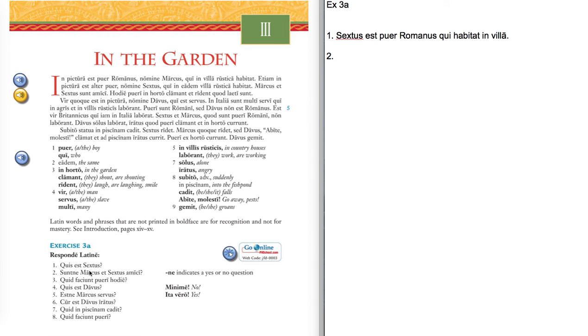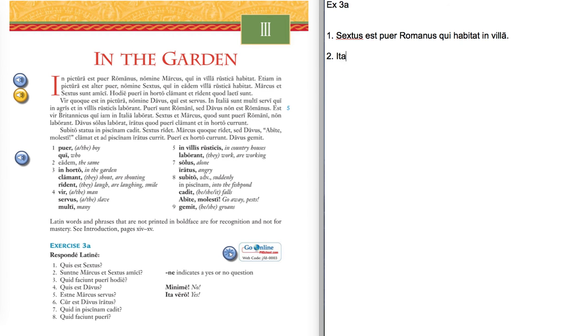Number two. Suntne Marcus et Sextus amici? Now we see the note down here. This -ne gets attached to the first word in a question typically, and it shows that a yes or no question is being asked. And then of course you have the answers to that question, either no or yes. Now, the temptation is going to be: the question is asking, are Marcus and Sextus friends? And the answer is, of course, ita vero, yes.